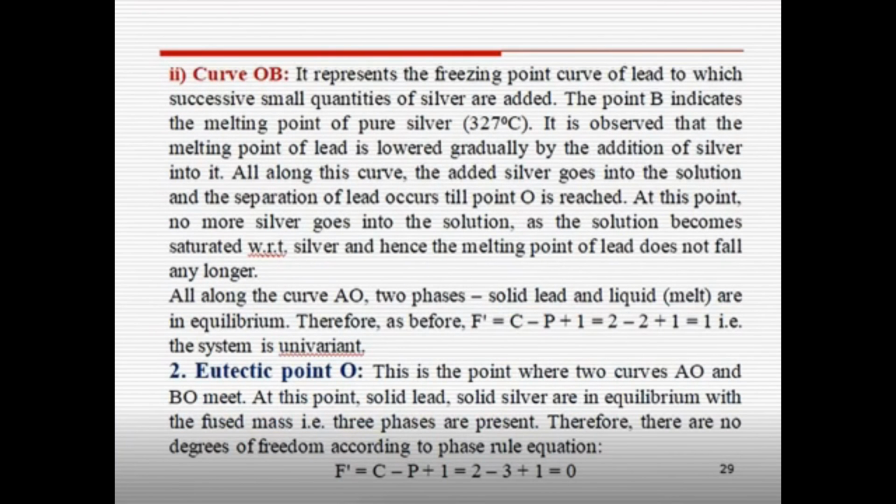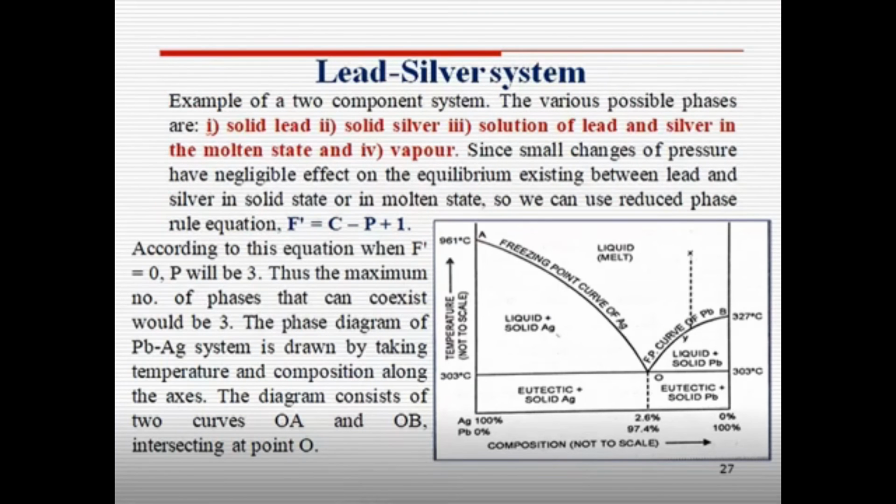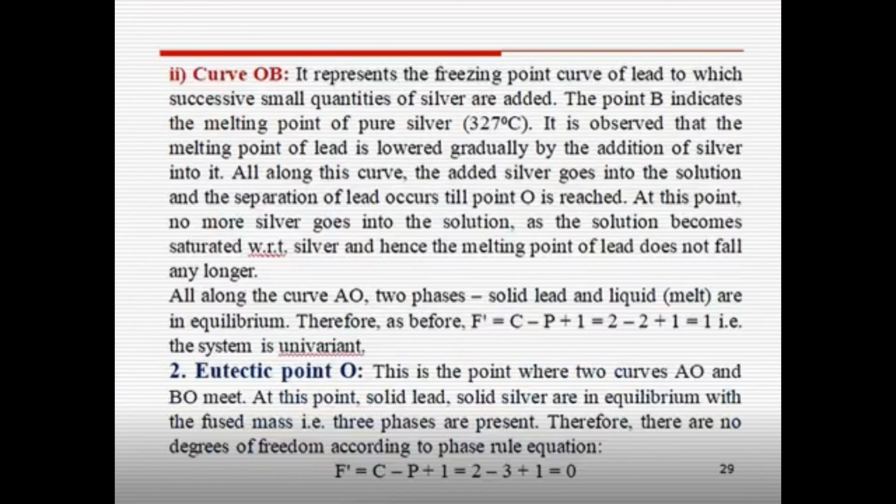Next curve is OB. Similar to curve OA, the curve BO is the freezing point curve of lead to which successive small amounts of silver are being added. The curve starts from point B. It is the freezing point of pure lead and it decreases gradually when we add silver to it.